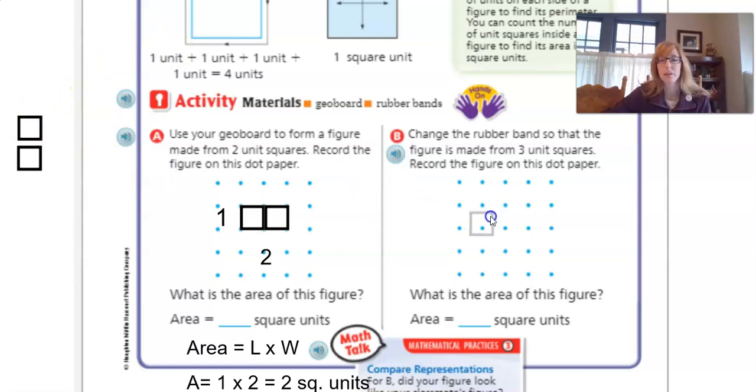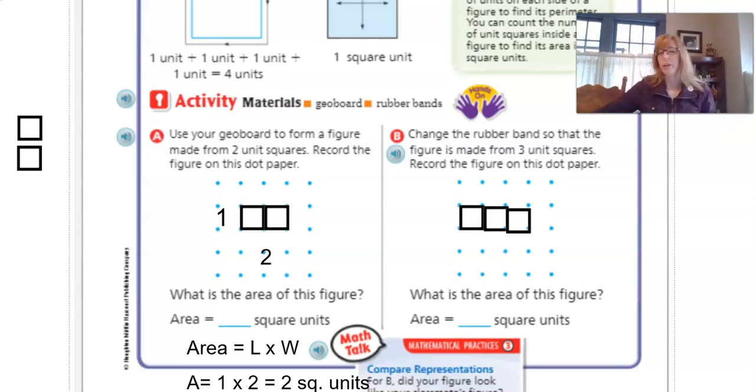There he is. So there's 1 square unit. There's 2 square units. I hope you're drawing this in your book. And here's 3 square units. All right, so there's our 3 square units.